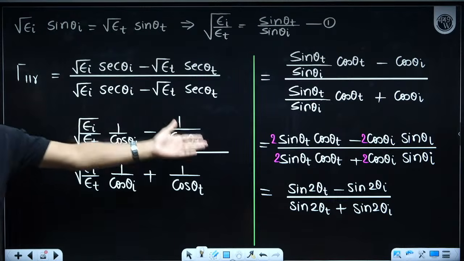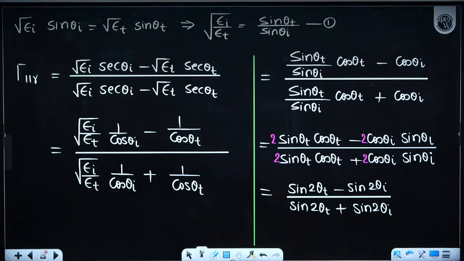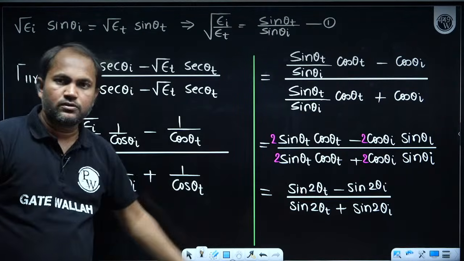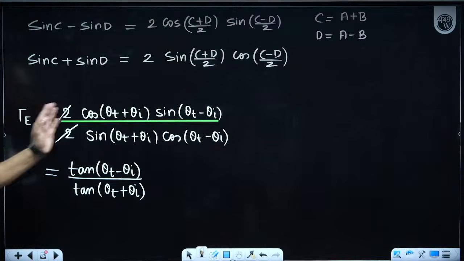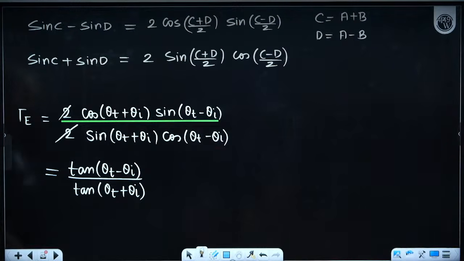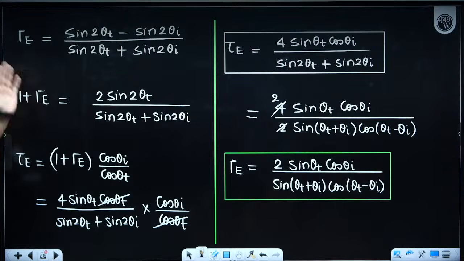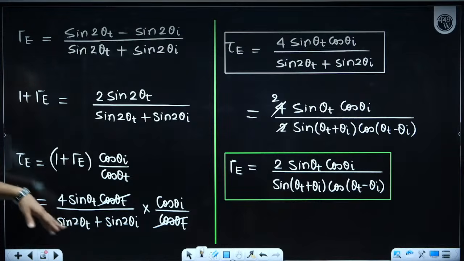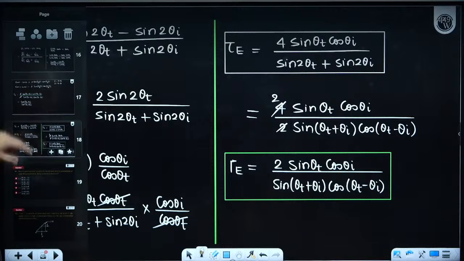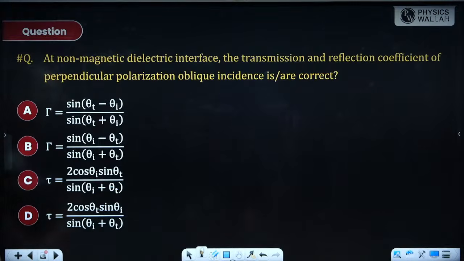So you have to solve reflection coefficient, put the value, simple question. Take the formula, put the value, solve this ratio using trigonometric function, and you will get the answer. Simple. So it is a question from trigonometry plus formula.